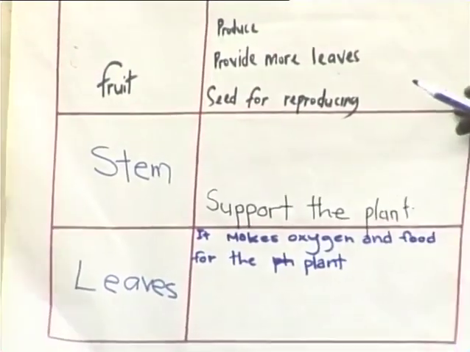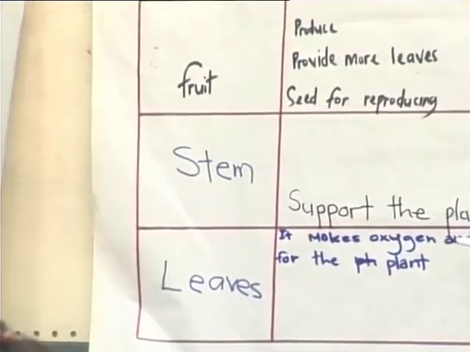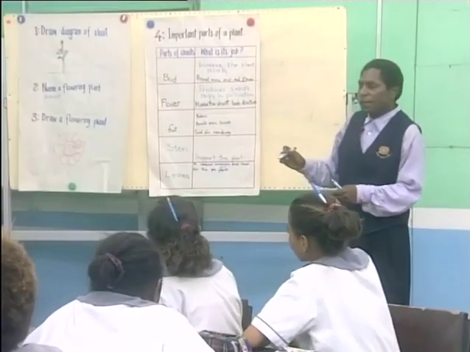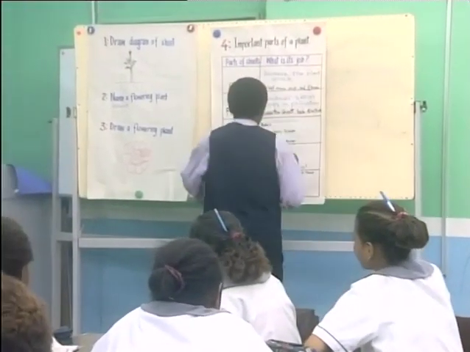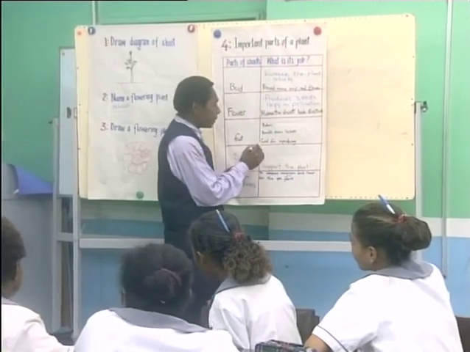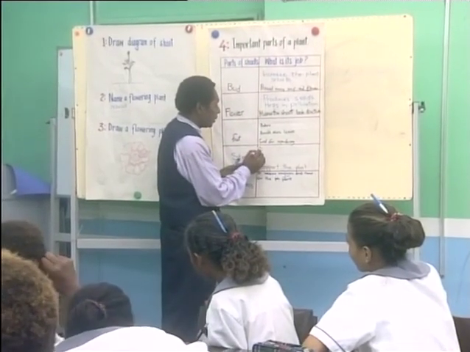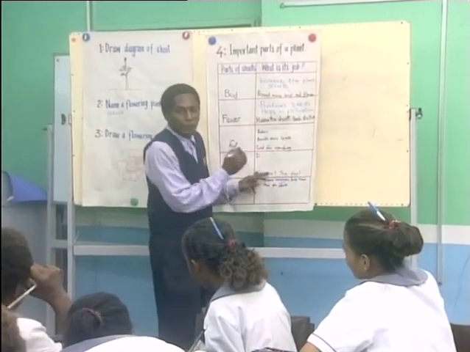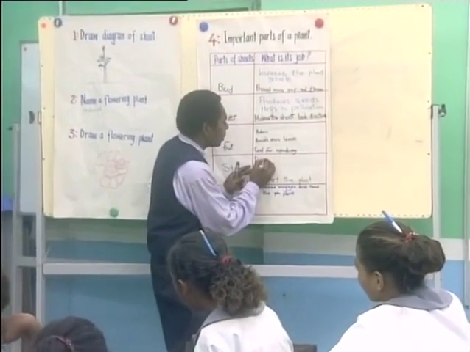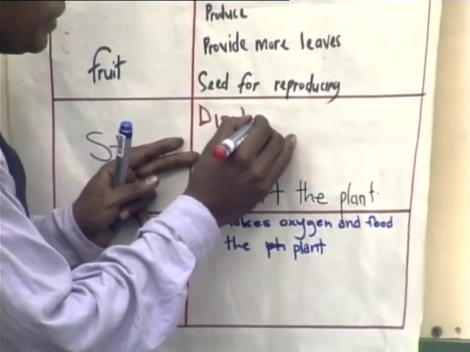Okay, receiving students, the model class have come up with this. Stem supports the plant, and stem also displays, receiving students, what does it display? It displays all the rest of the parts of the plant.